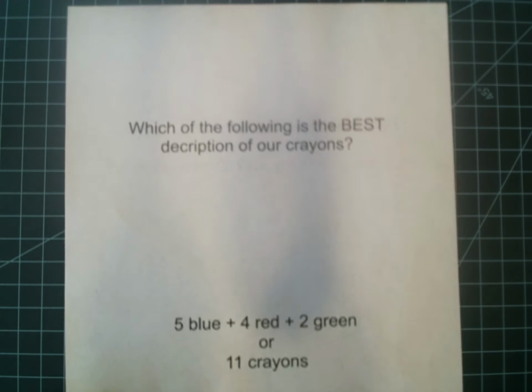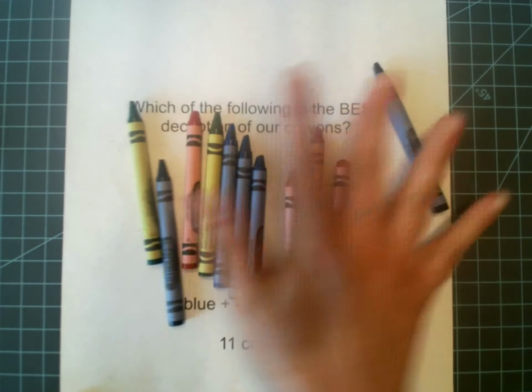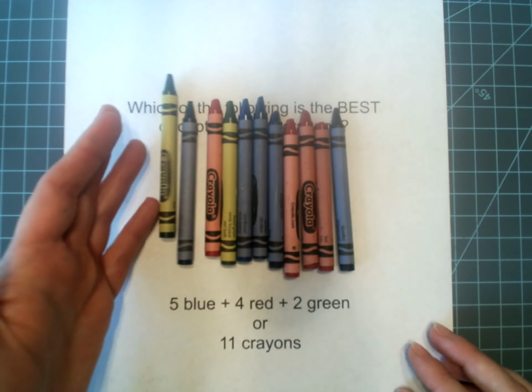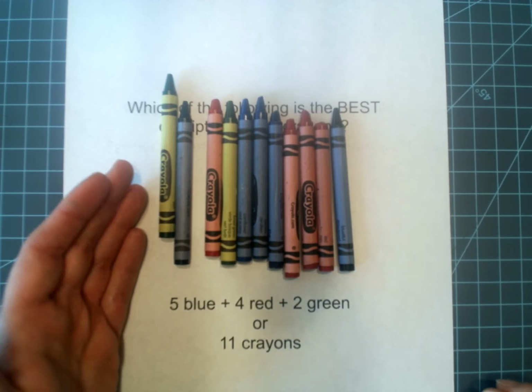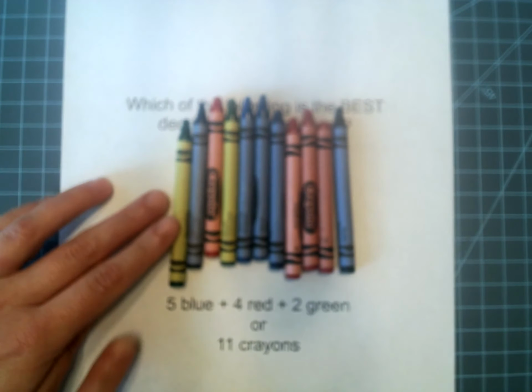So, which of the following would be our best description of these crayons? 5 blue plus 4 red plus 2 green, or would we just say 11 crayons? Obviously, this is the best description because that gives us a description of how many and the color, and not just the fact that we have 11 crayons.